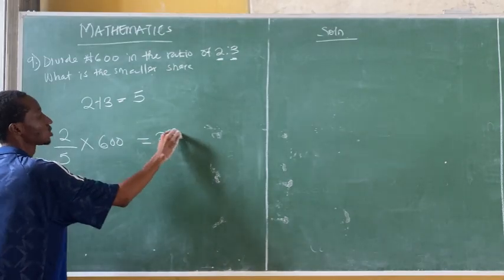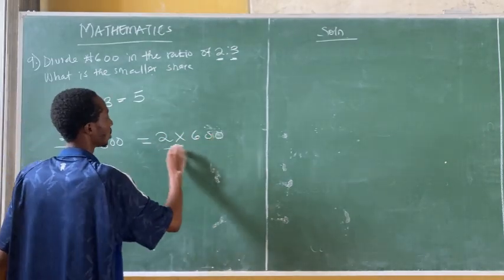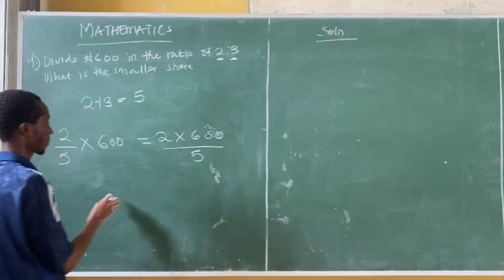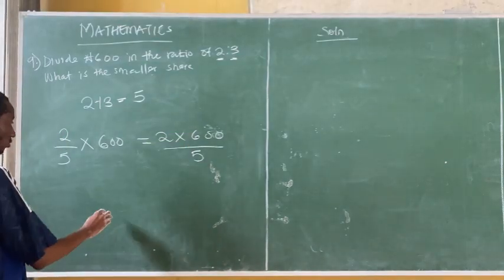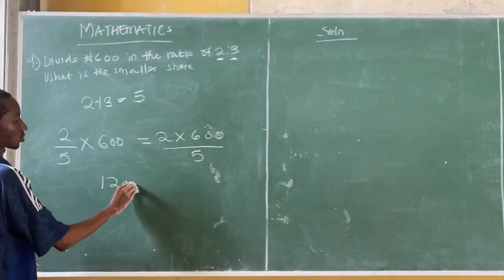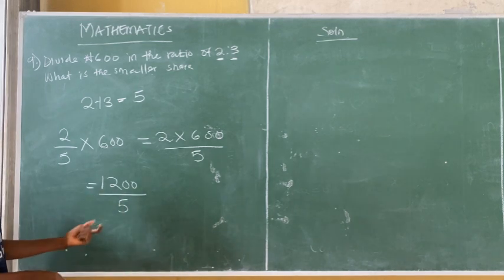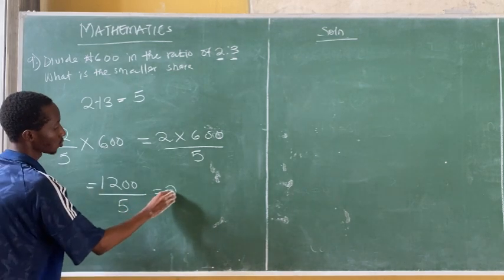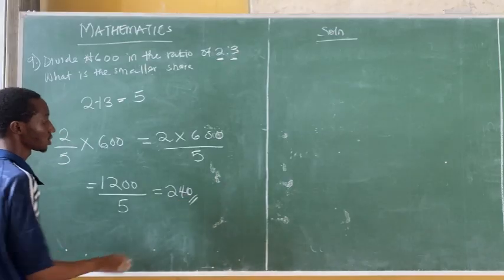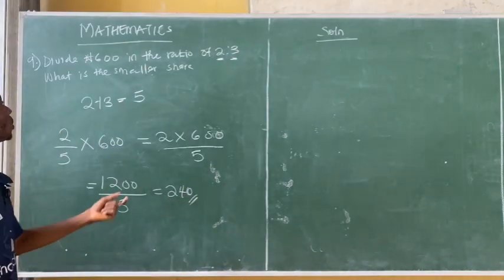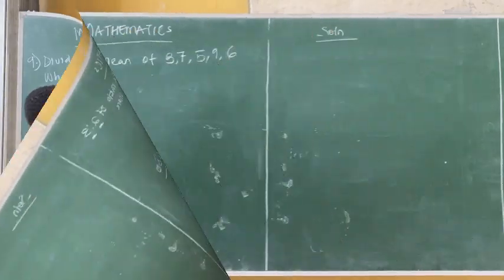So this is 2 times 600 all over 5. 2 times 600 will give us 1,200 divided by 5. 1,200 divided by 5 will give us 240. So this is the final answer, the smaller share.